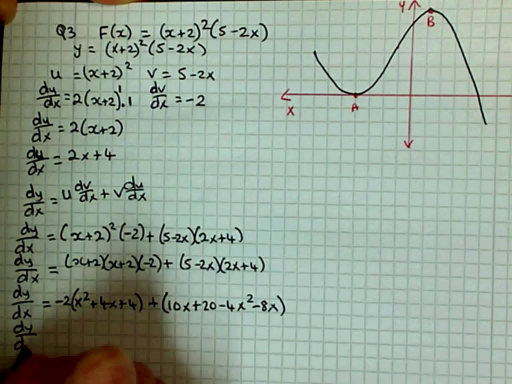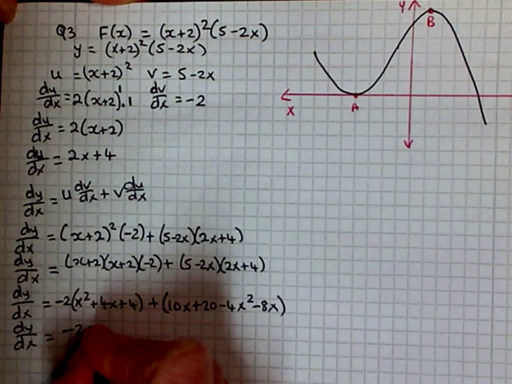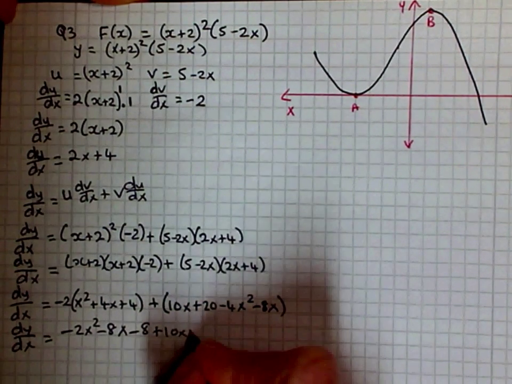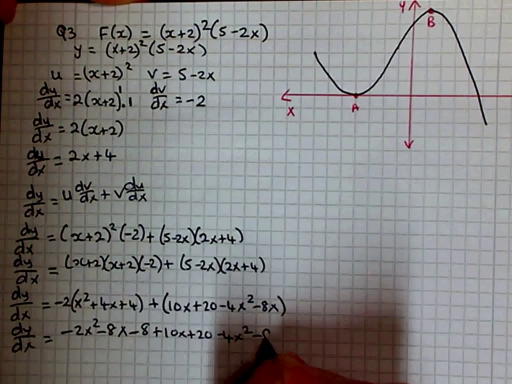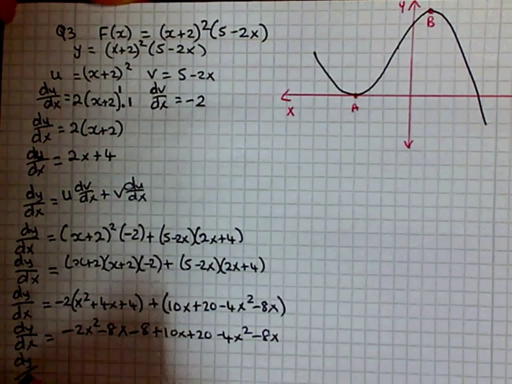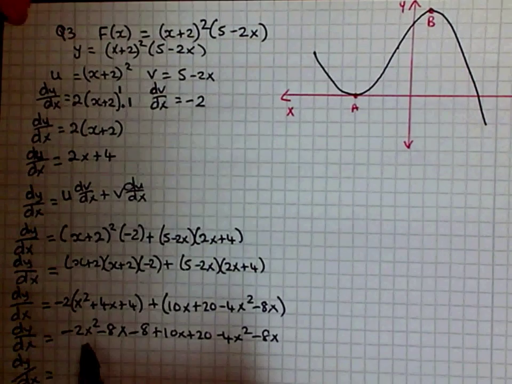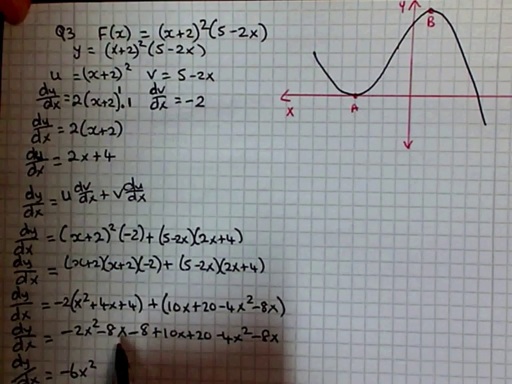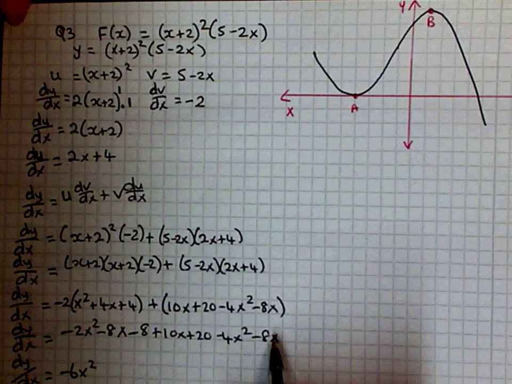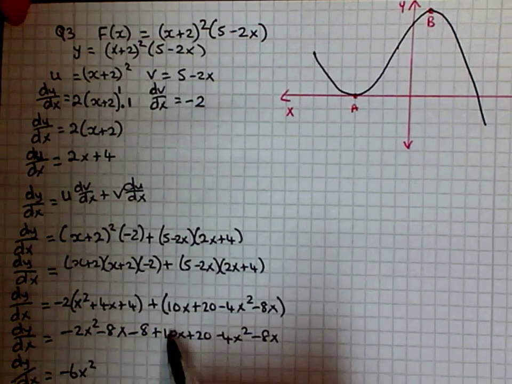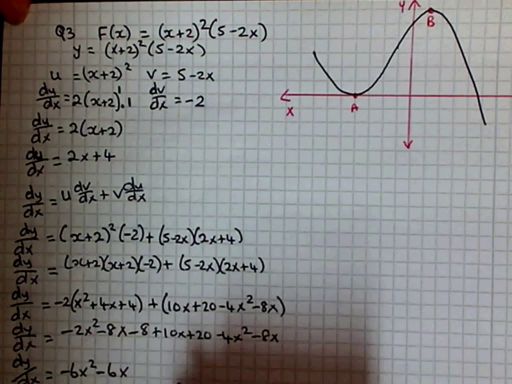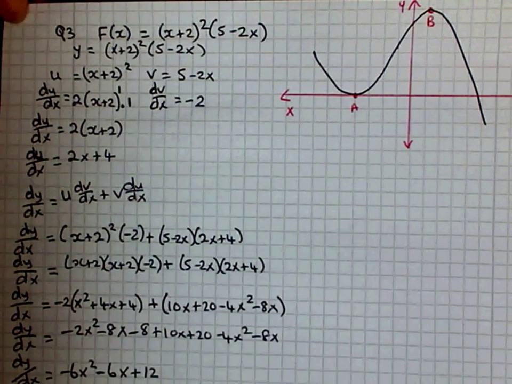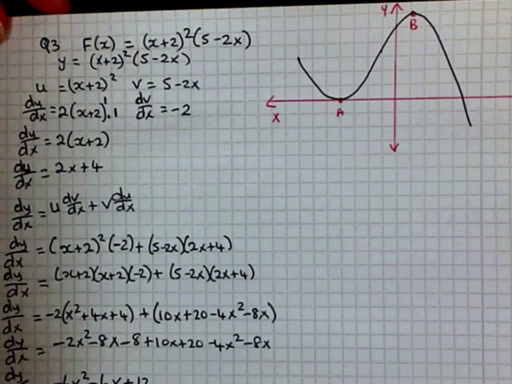So dy dx is equal to minus 2x squared minus 8x minus 8 plus 10x plus 20 minus 4x squared minus 8x. So dy dx is equal to, you have minus 2x squared and minus 4x squared is minus 6x squared. And you have minus 8x and minus 8x, which is minus 16x plus 10x, which is minus 6x. And then you have minus 8 and plus 20, which is plus 12. So that's your dy dx, okay?